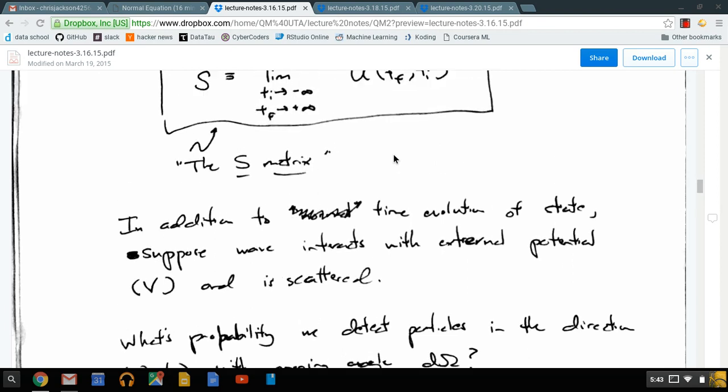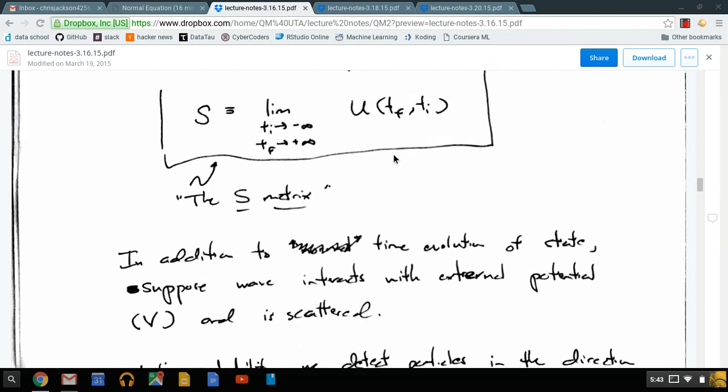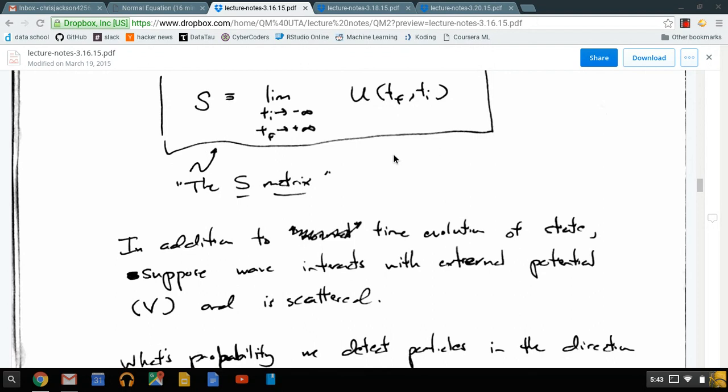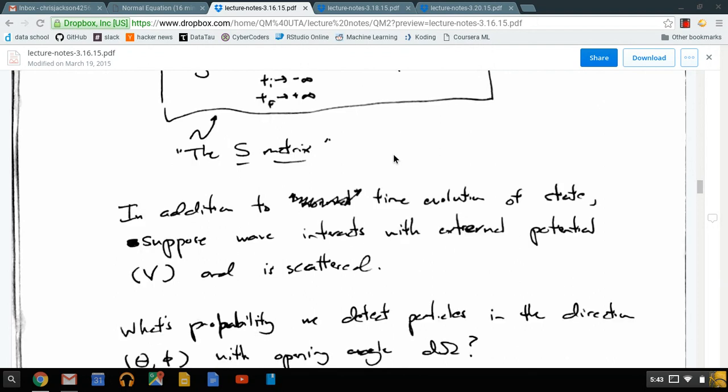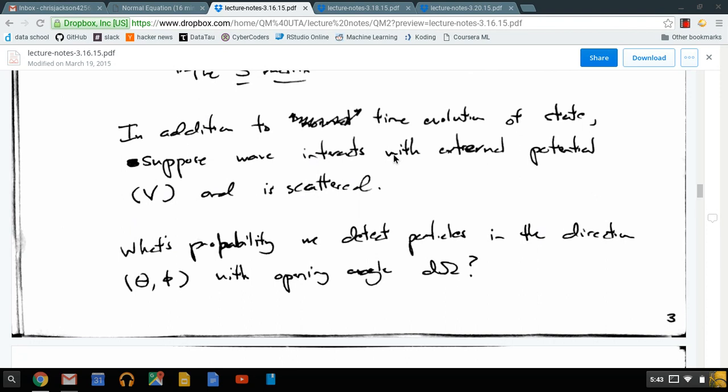If we didn't have the interaction there, then these particles would just propagate in time, and they would just go on down the beam pipe, and nothing interesting would happen, right? What we're interested in are scattering experiments where we can learn either fundamental things about the particles themselves or their interactions or what have you. Okay.